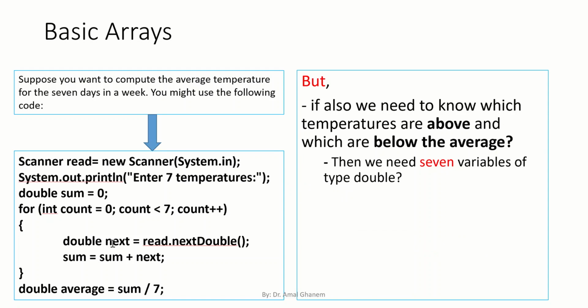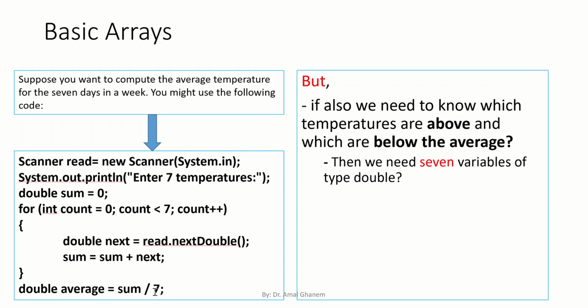Then we will say double next = read.nextDouble(), so we will read a value from the user. If the value, for example, is 38, we will take this 38 and add it to the summation, and we will go to the next value, read a new value, add it to the summation till we finish all the 7 temperatures. At the end, we will say double average = sum / 7.